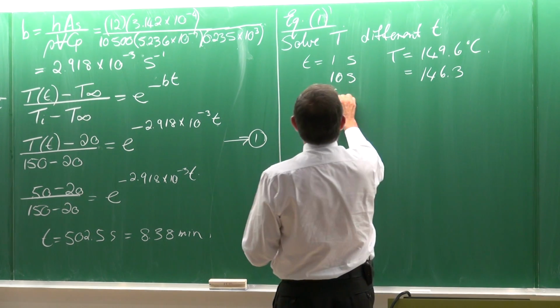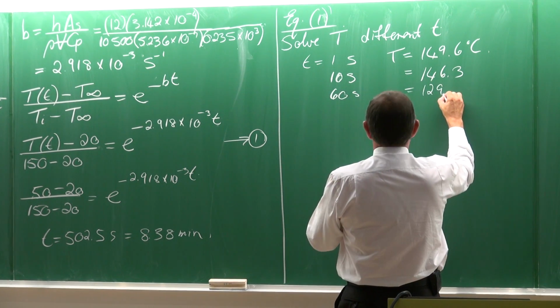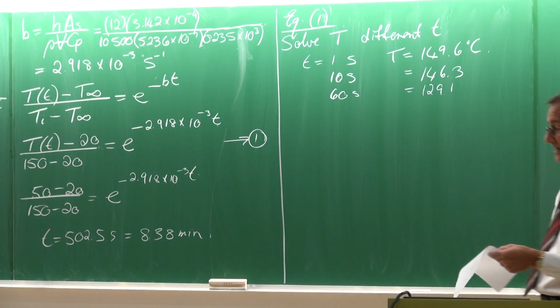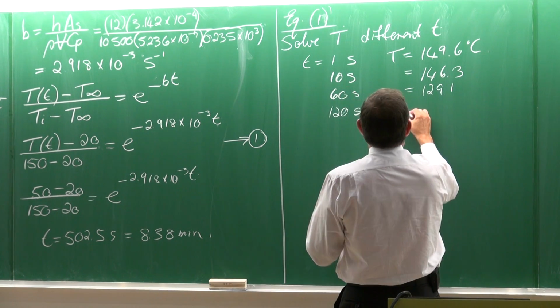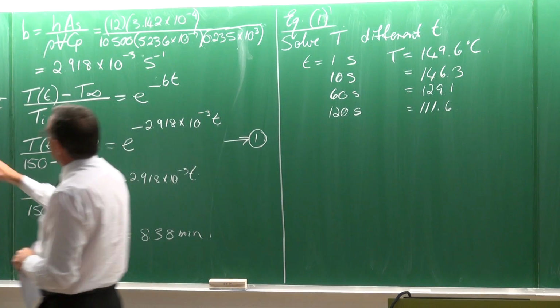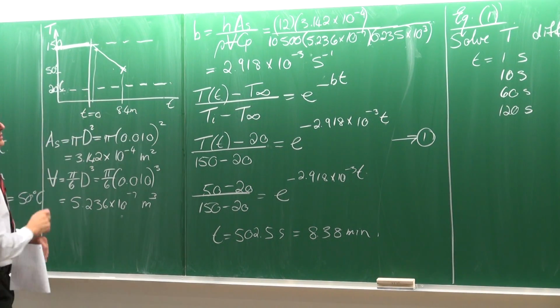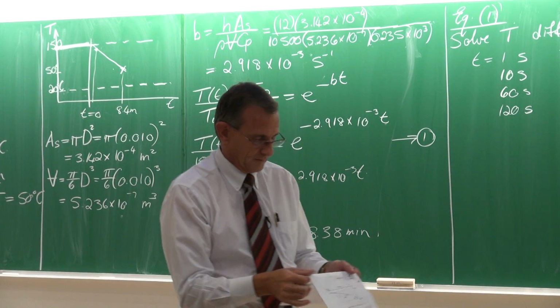In 60 seconds, it would be 129.1. And in 120 seconds, which is 2 minutes, it would already be 111.6. So if we come back to the graph and look at approximately 2 minutes, that temperature there would be 111.6.